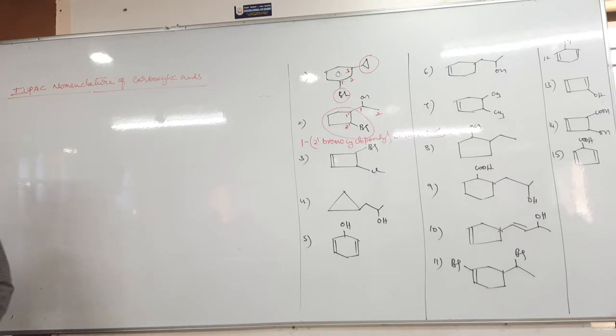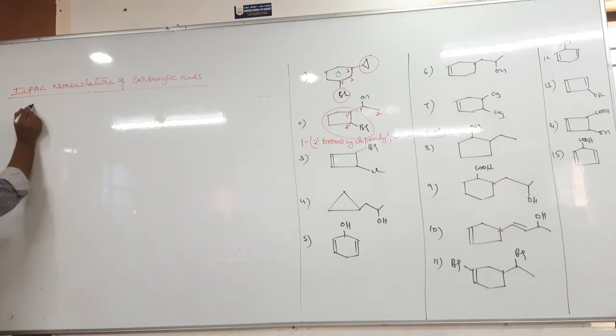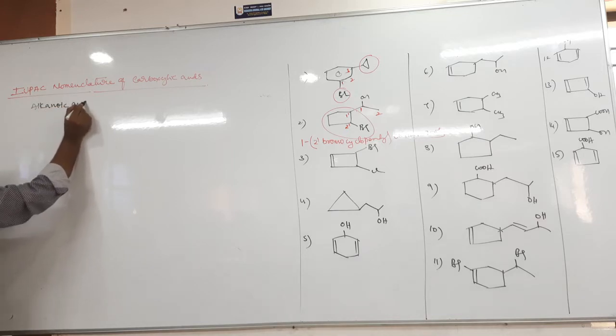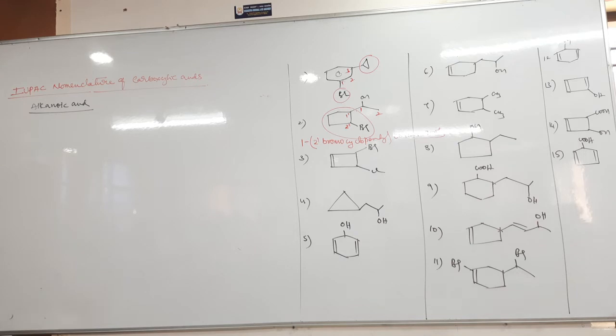Okay, listen. So what is the IUPAC name of a carboxylic acid? It is alkanoic acid, right? The IUPAC name of a carboxylic acid is alkane plus oic acid, alkanoic acid. Okay, right?